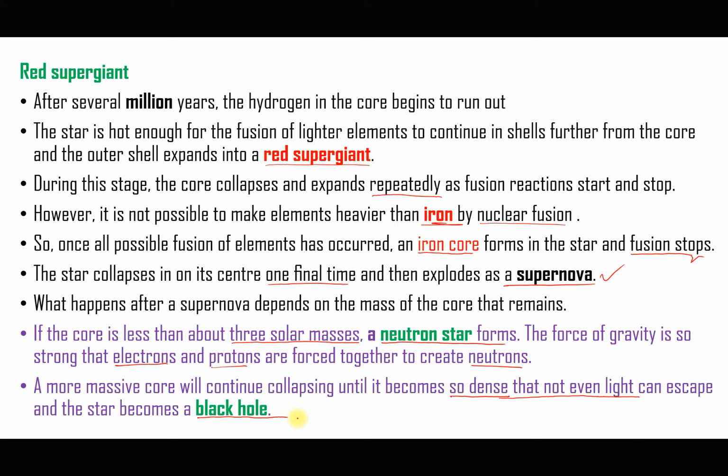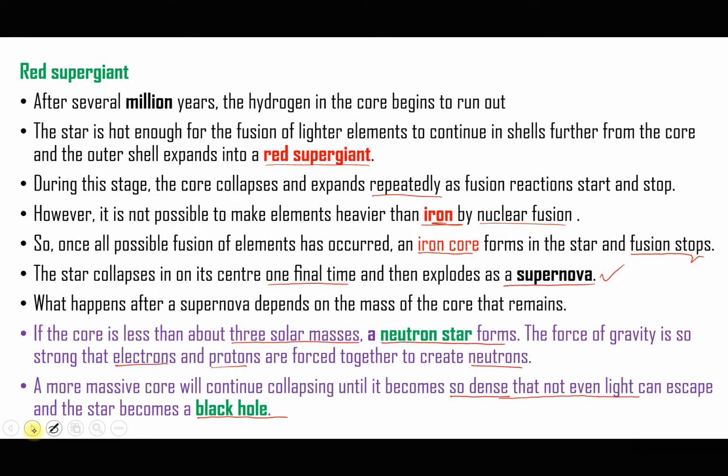So after the supernova, which was formed in the final explosion, depending on the mass of the core that remained, it either becomes a neutron star if the core is less than about 3 solar masses, or it becomes a black hole if the core was extremely massive. It would continue collapsing until it becomes so dense that not even light can escape. So we say the star becomes a black hole.